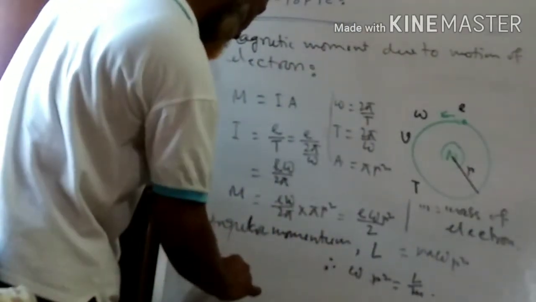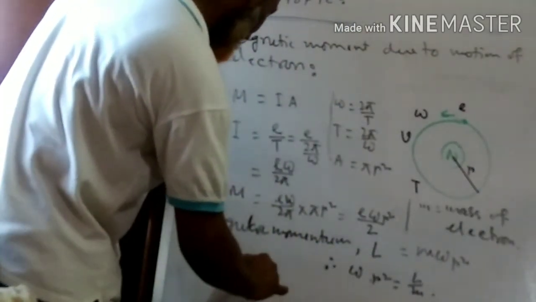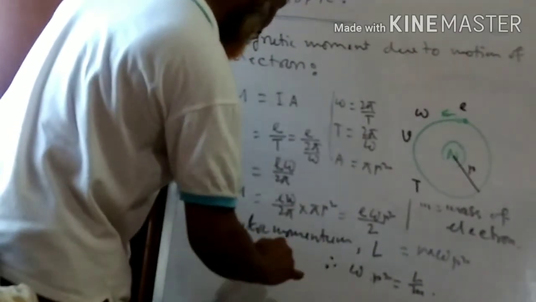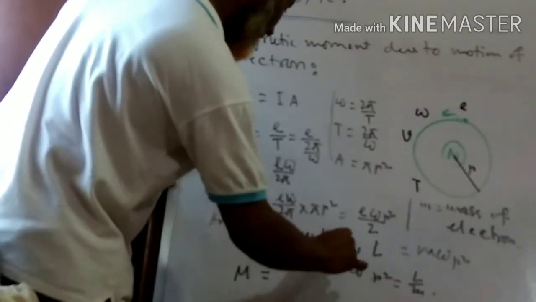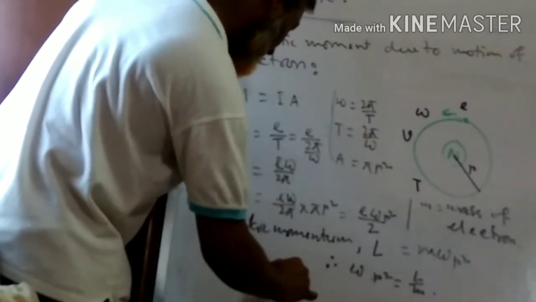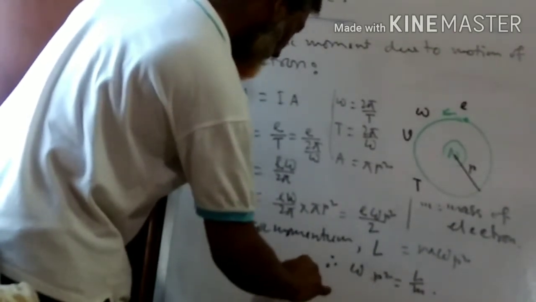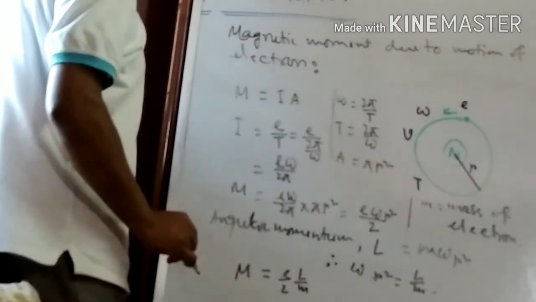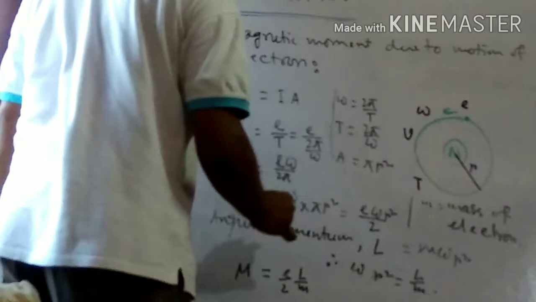So the magnetic moment due to angular motion is E by 2 L by M. Here the charge of the electron is negative.